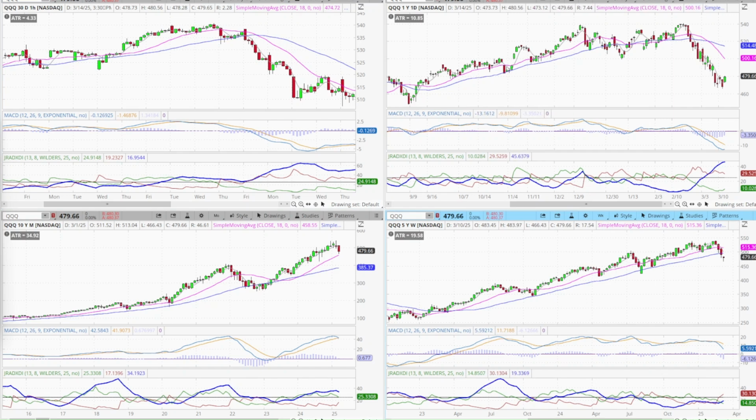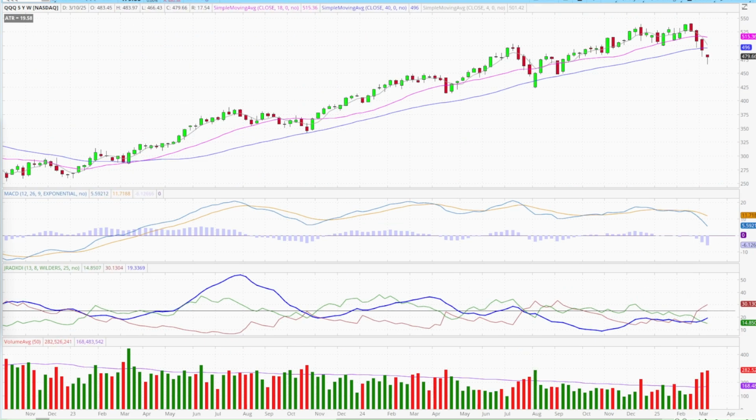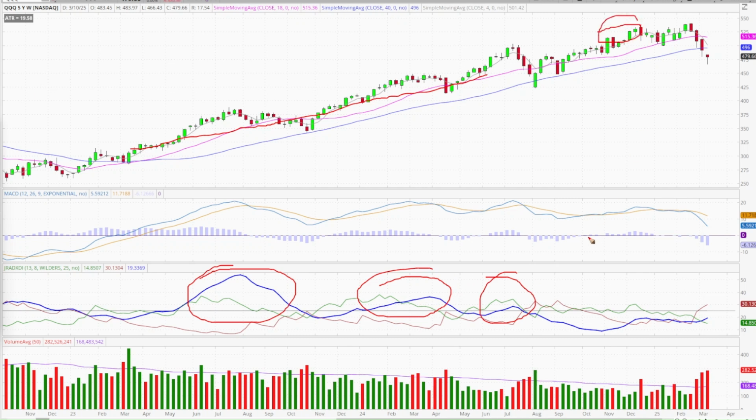All right, so first thing we're going to do is point out that what took place on the weekly chart of the QQQ mirrors very closely what took place in the S&P. We had an extended run to the upside in a strong bull market where ADX was confirming, and then as we moved into this fourth quarter, November hit a new high.